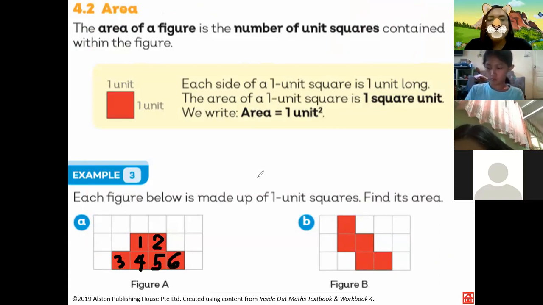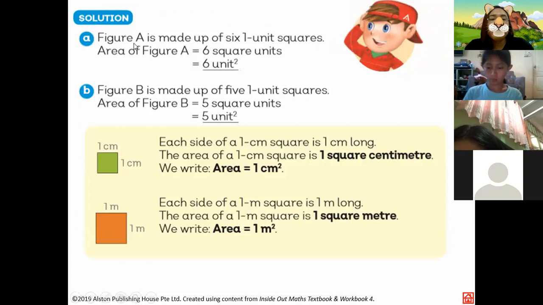Okay, so there are 6 1 unit squares. Here's how we write it: area of figure A equals 6 square units. Or you can also write the number 6, and then the word unit, U-N-I-T, and then the number 2 at the top.